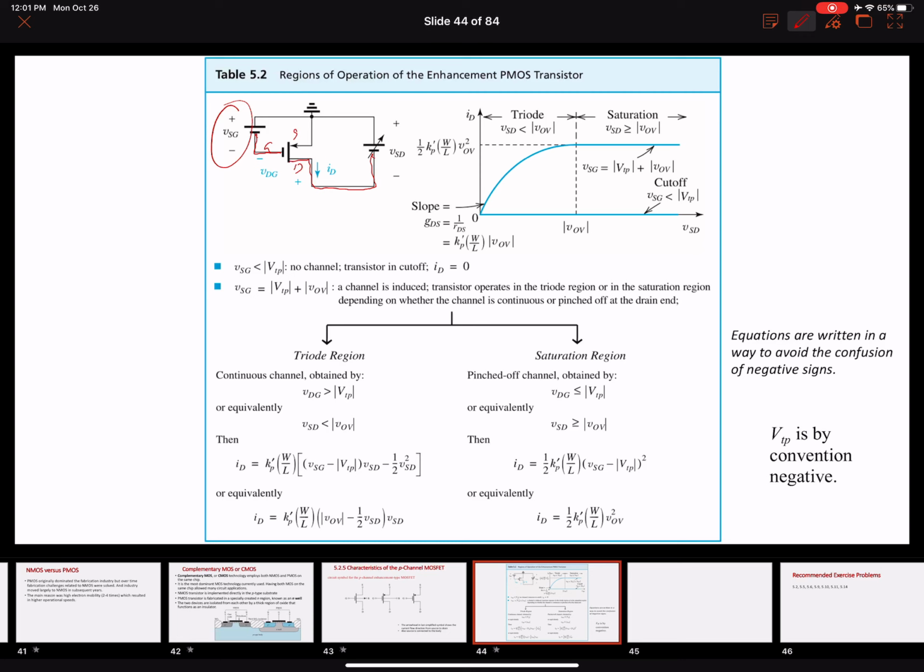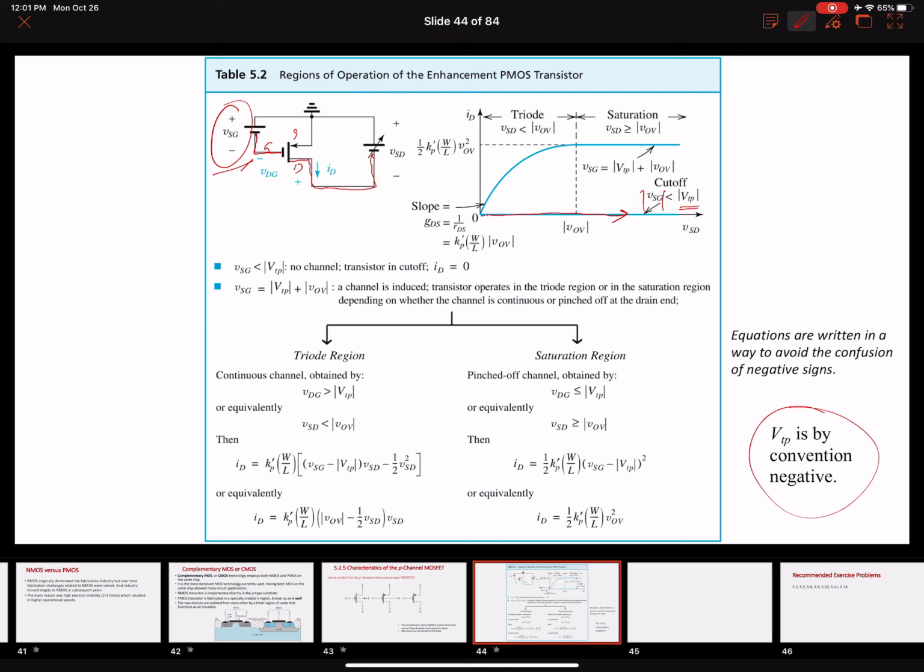So here is how we bias this transistor. We know that whenever the mod of the voltage that we apply here is less than the threshold voltage of the p-type material, no current will flow and our drain current will be 0.